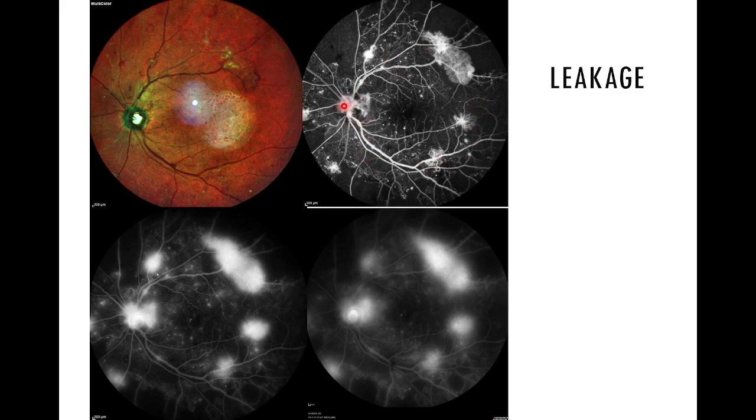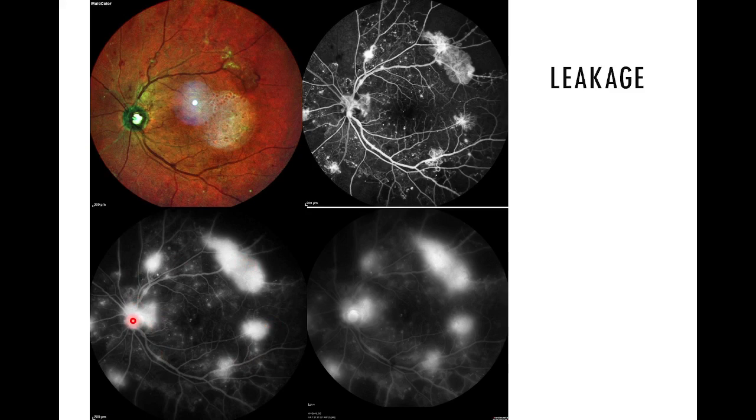We can see the hyperfluorescence in the disc, in the superior arcade, temporal to the fovea, along the inferior arcade and nasally, which increases in intensity. So we can see the fuzzy hyperfluorescence or cotton ball hyperfluorescence. We can see all this here.